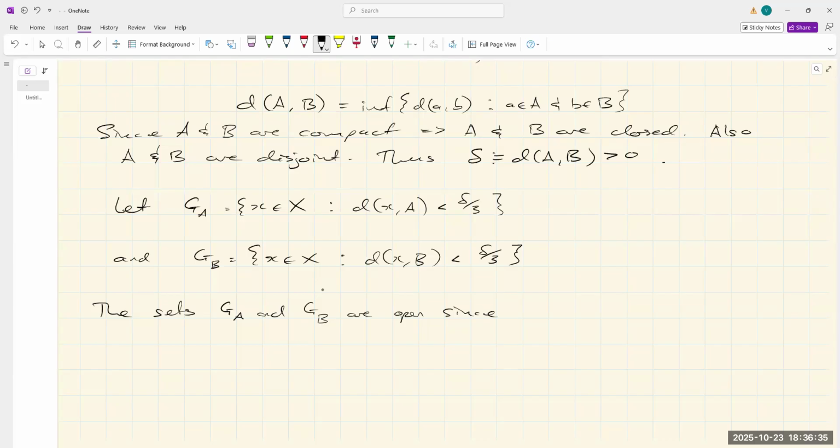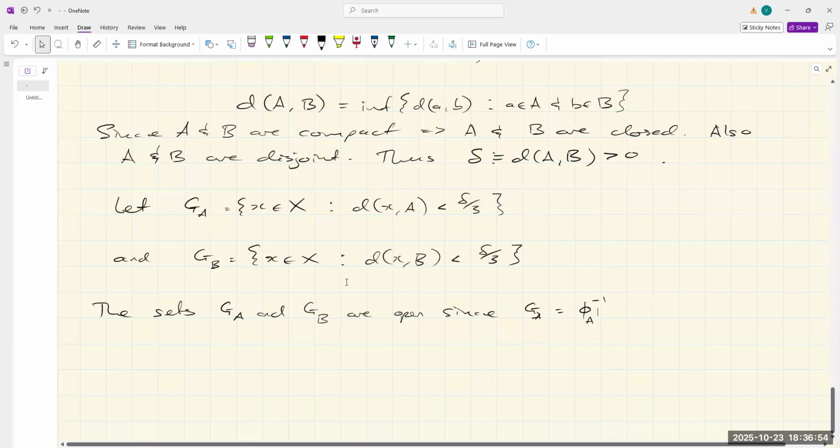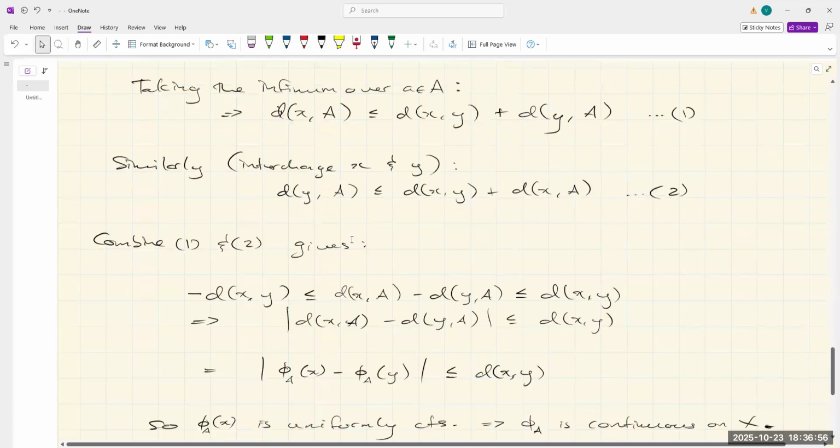You have to think about why this is true. I claim GA is equal to the pre-image under this mapping phi A, the same map that we just looked at.